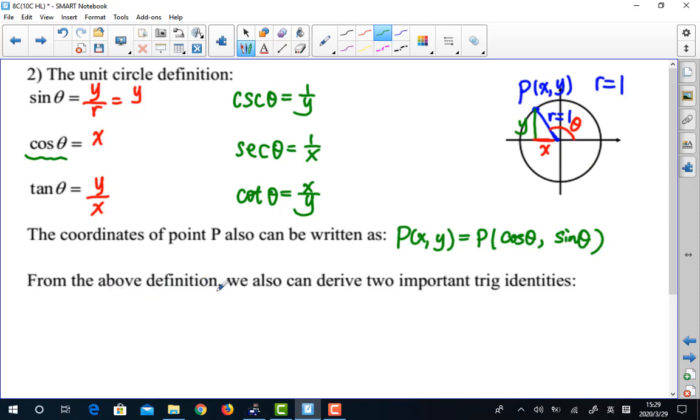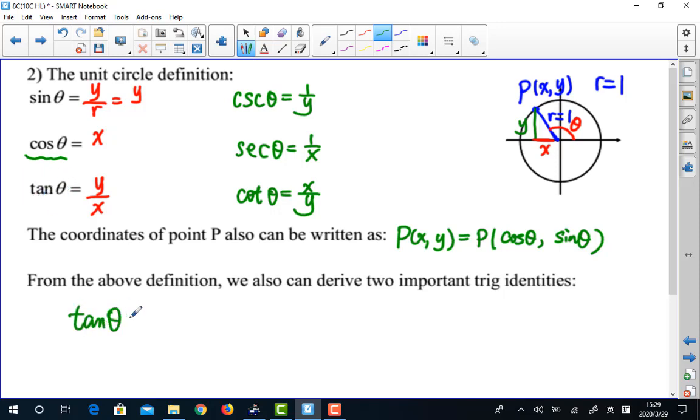From the above definition, either of these two definitions, we can also derive two important trig identities. Of course, we will learn more identities in chapter 11. But right now, just by looking at these two definitions, we can derive the first one. Look at this tangent theta.